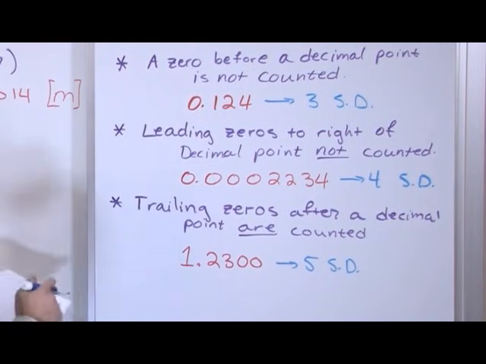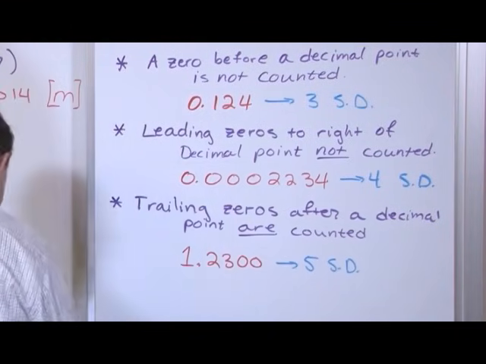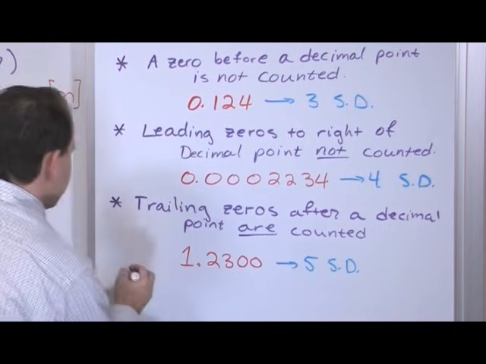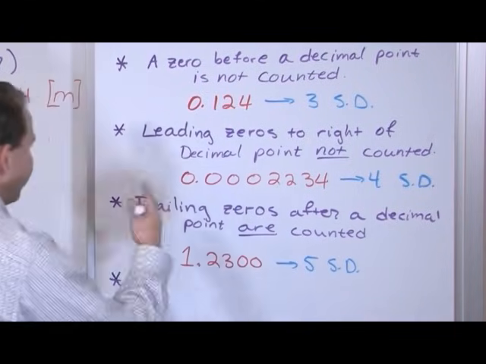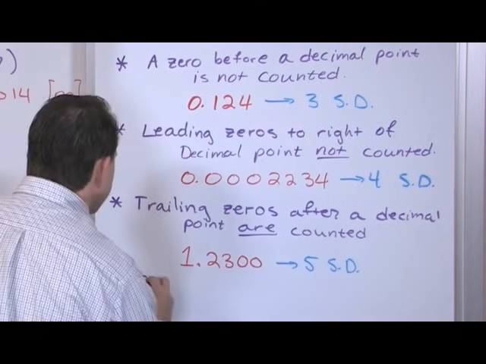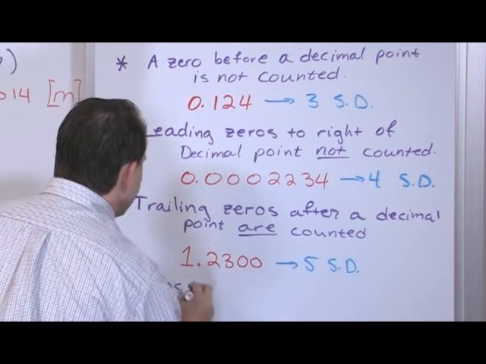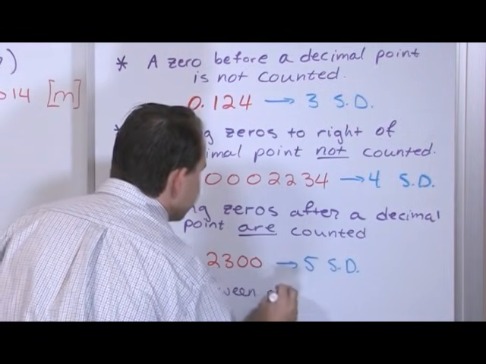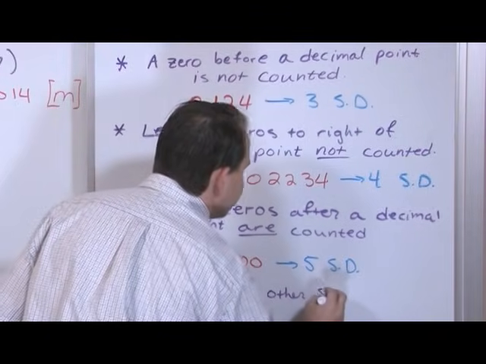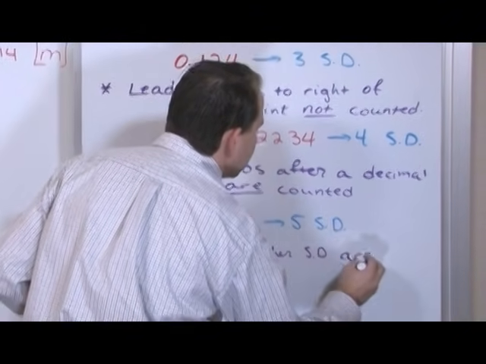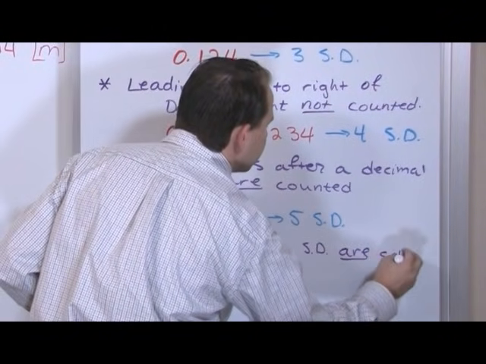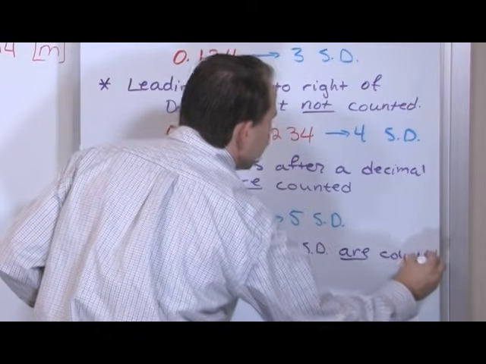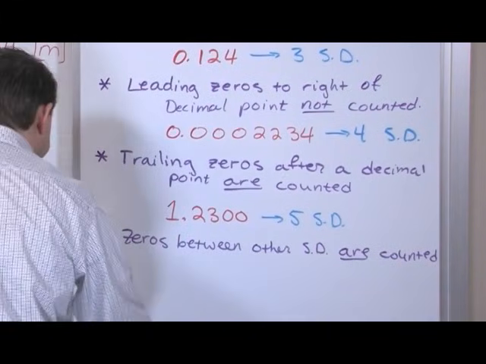And let me go ahead and tell you here. Just to make it clear, since we're talking about zeros, zeros between other significant digits are counted. All right, let me give you an example of this.